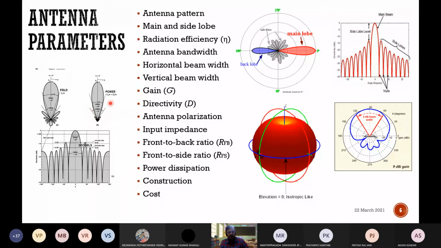Then there are some directions where the antenna does not radiate anything; those are called nulls of the antenna. Another parameter is FNBW, the first null beam width, or beam width between first nulls, BWFN. These two parameters tell us how directive the antenna is and how much angular or spatial resolution it has.